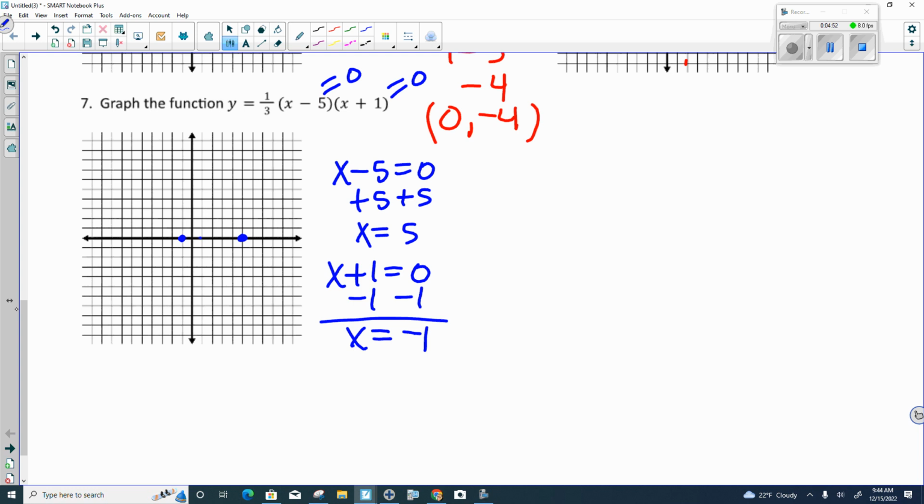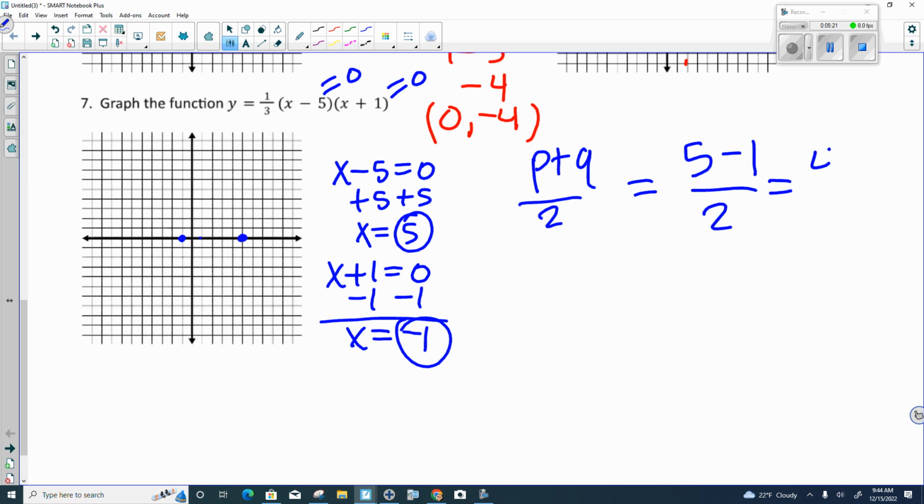Okay, so next, find your vertex. For these ones, you find it by doing p plus q divided by 2. What's p and what's q? So step number 1, find your zeros. Step number 2, find your axis of symmetry, which is p plus q divided by 2.